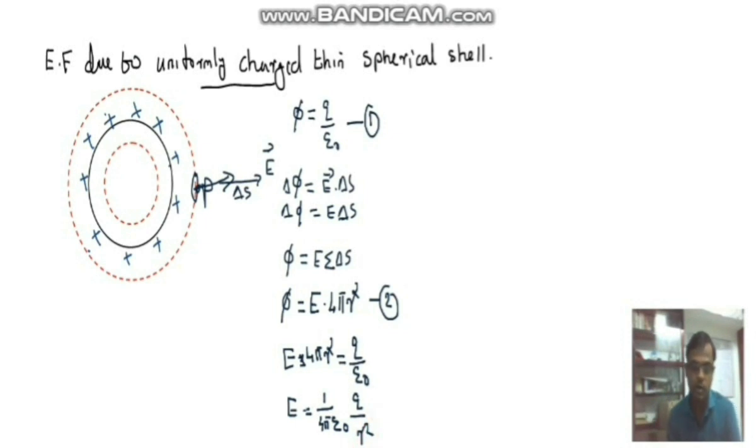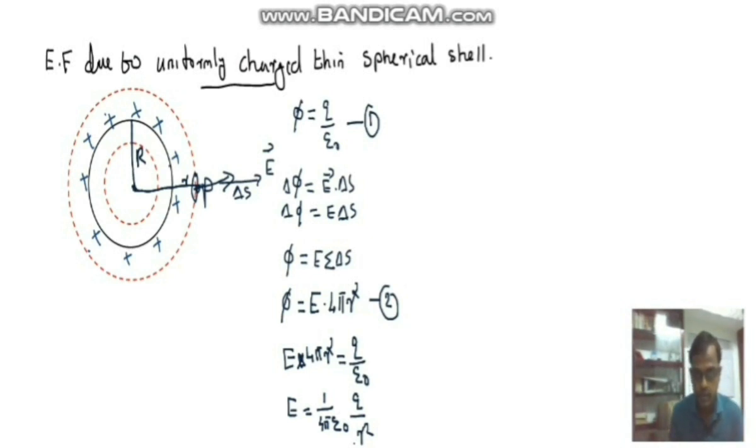Here the area of this Gaussian surface is a spherical one, so E into 4 pi r square is equal to Q by epsilon 0, and the electric field is 1 by 4 pi epsilon 0 Q divided by r square.